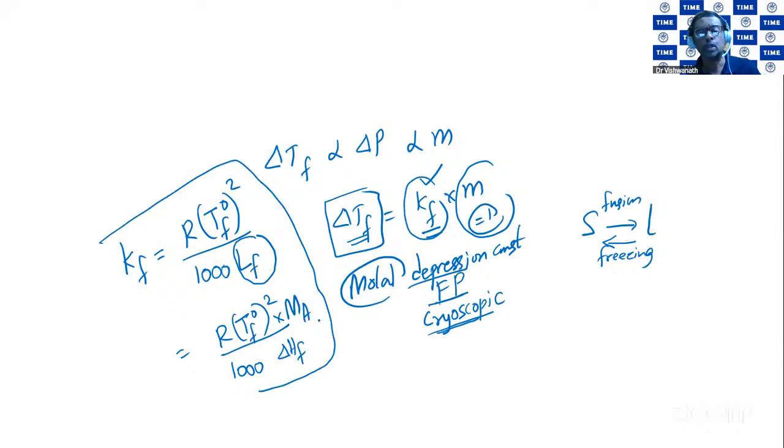KF is also a solvent parameter. It depends on the molar mass of the solvent, the latent heat of freezing of the solvent, the freezing point of the solvent. R is anyhow the universal gas constant. Hope this is clear. Let me check if anybody has got any questions. Otherwise, we'll move on.